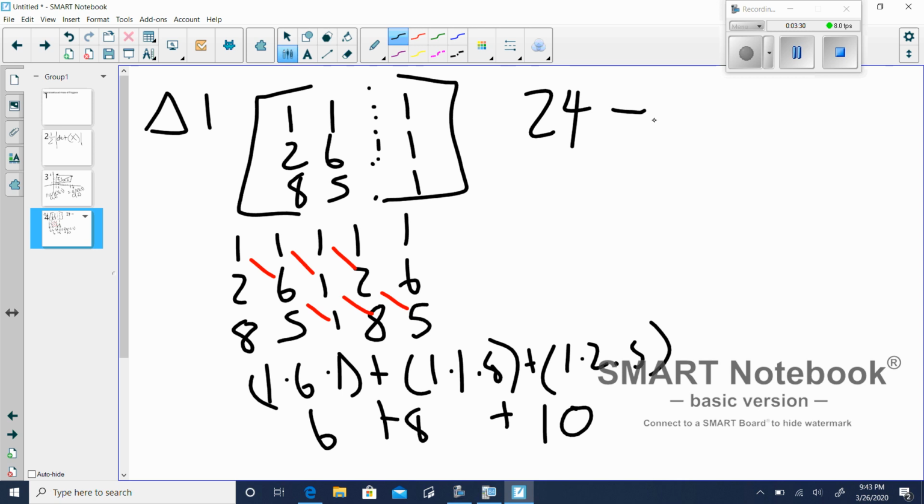Now we do subtraction. What do we take away? Let me put that in green here. We're going to do diagonal multiplication going from right to left.